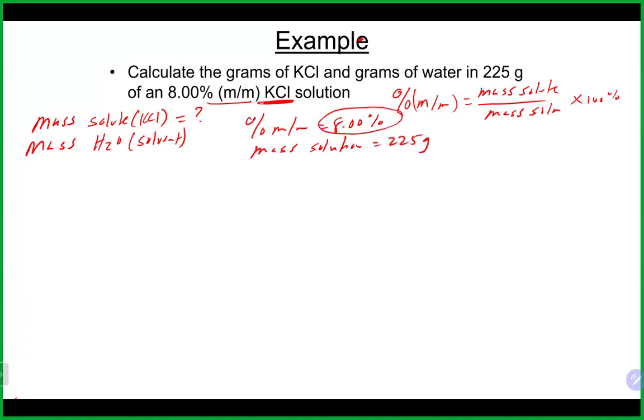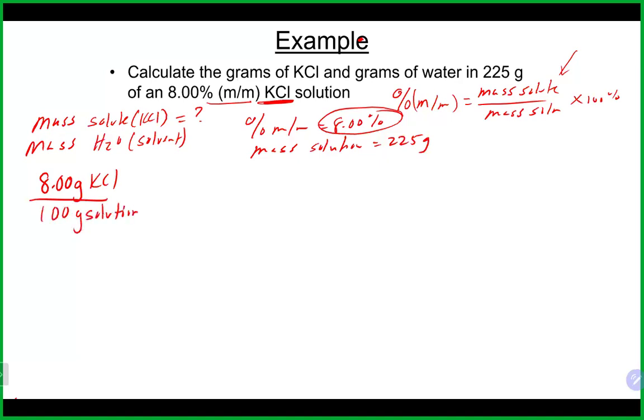Once again, I'm going to take more of a dimensional analysis approach in this calculation, so I'm going to turn my percentage into a conversion factor. If you would like, you can just plug into the equation. We will get basically 8 grams of KCl over 100 grams of solution.